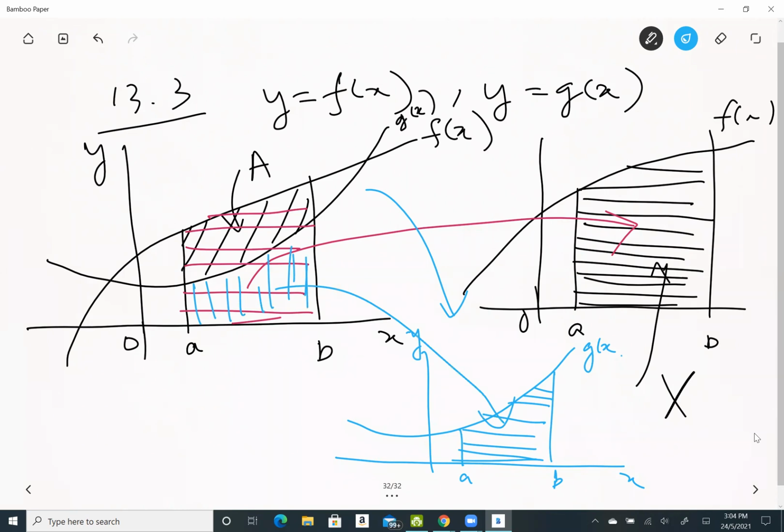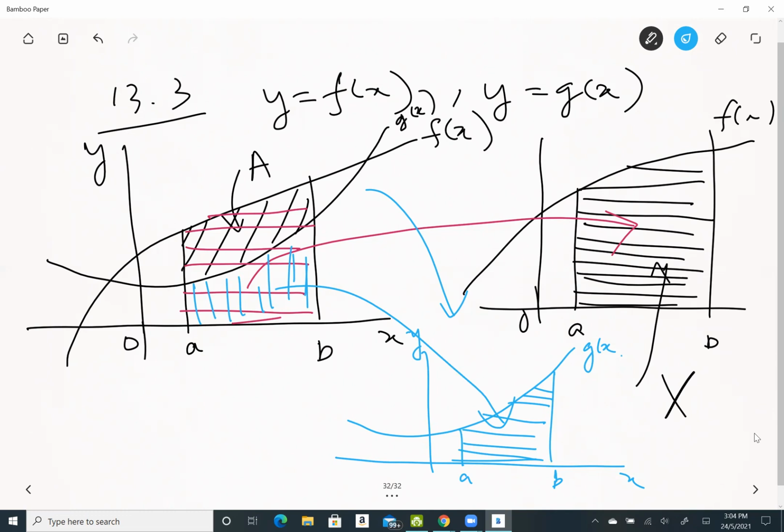Okay, you want only the area A, which is between f and g. Now, if you look at the curves individually, the area under f is the whole area from the f up to the x axis, from x equal to 0, y equal to 0, the x axis.